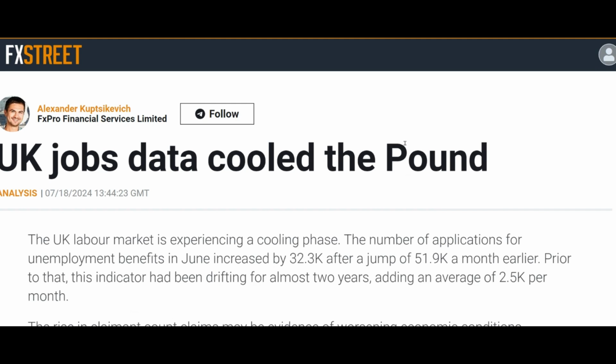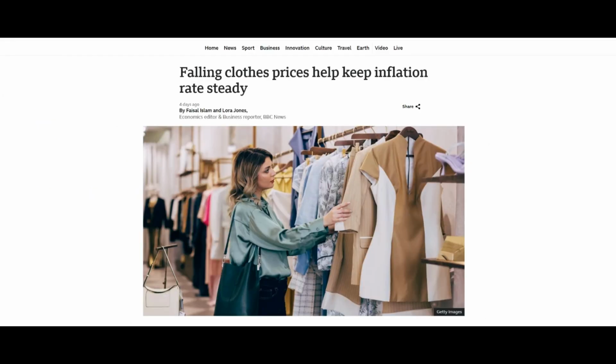This means that there is no clear pressure on the Bank of England to cut interest rates anytime soon, keeping the long term outlook for the British pound bullish.